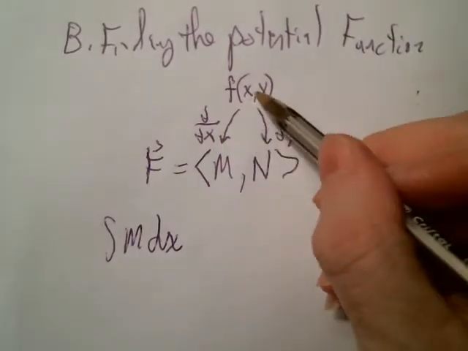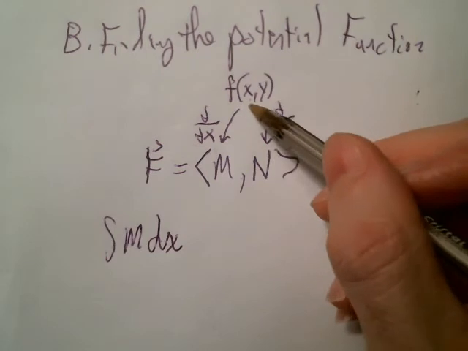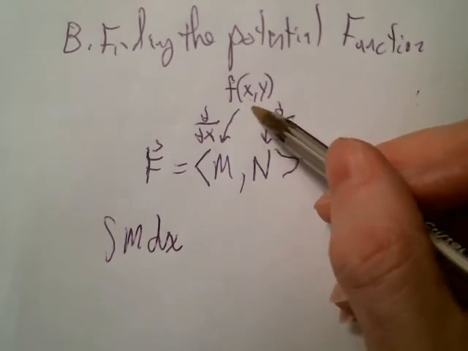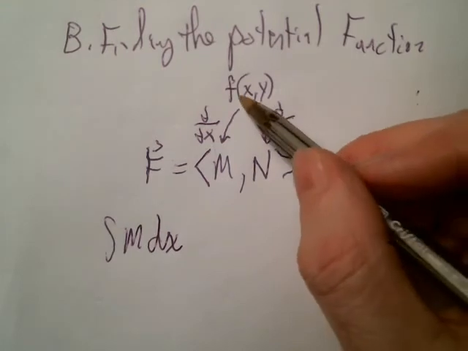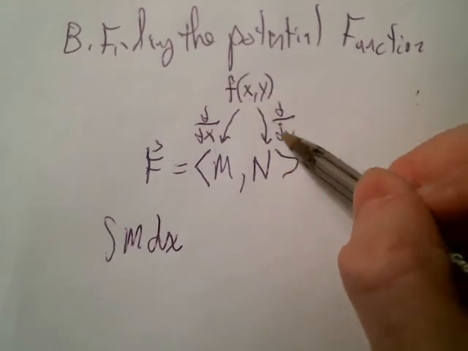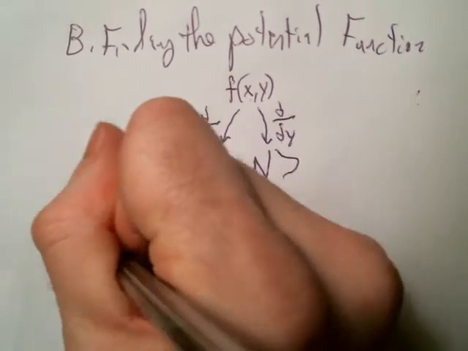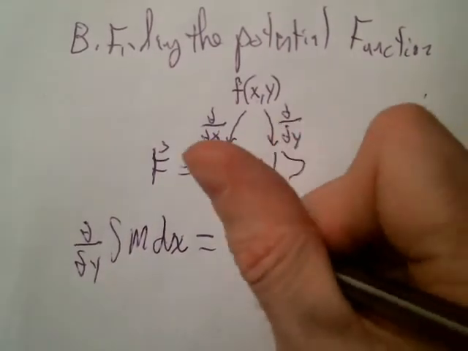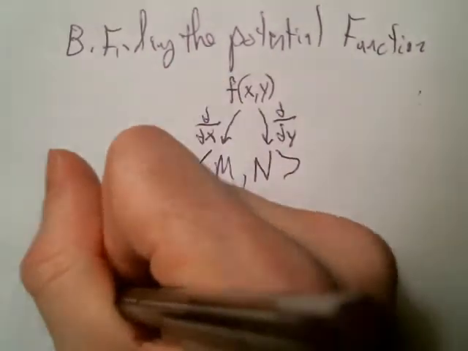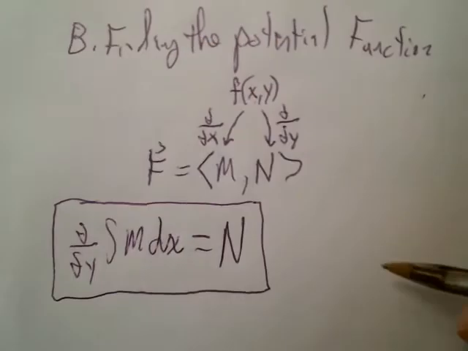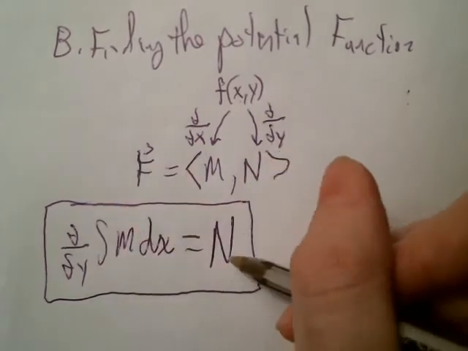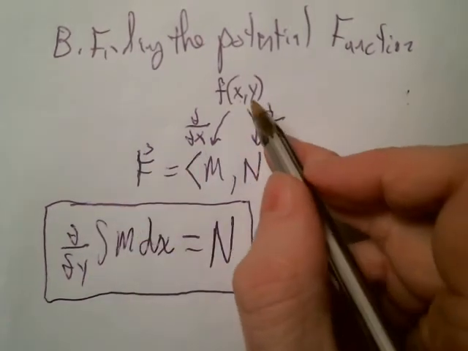Okay, and that will put me right here, but it's not going to be the perfect answer because it's going to have that constant function thing happening. So what I do then is take the partial derivative with respect to y and set that equal to N. Okay, and then I solve this thing, and it will be a differential equation at the end. But that will give me my potential function.